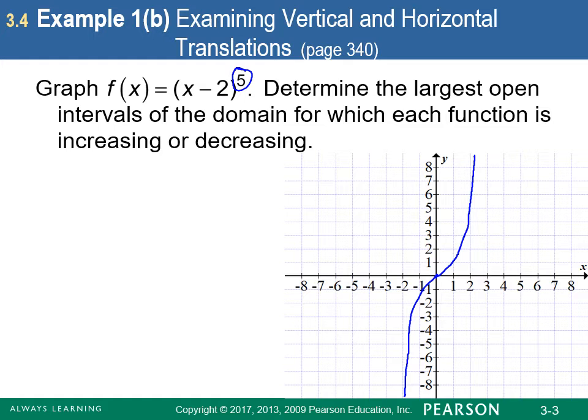And the graph of x minus 2 is going to be shifted to the right 2 units. So that dot that was at the origin will begin here. It will go through these 2 points, 1 unit over, 1 unit up.